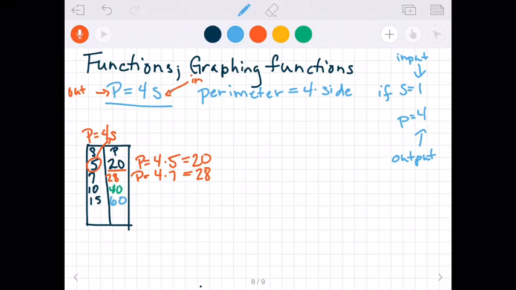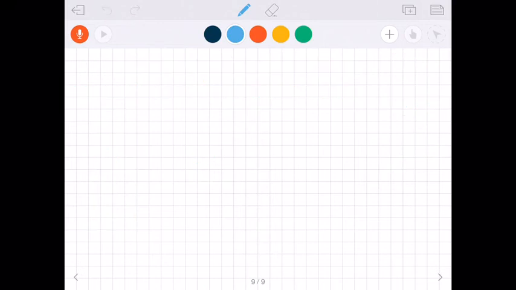The next one says, find the rule for the following function. What I'm referring to is the L and the M. You have a chart, and it says L, and it says M. I don't tell you what that means, but I do give you numbers.